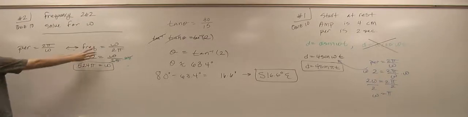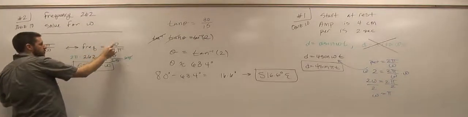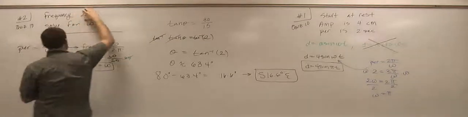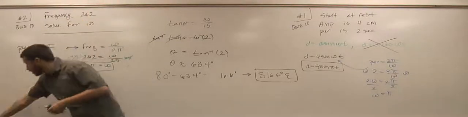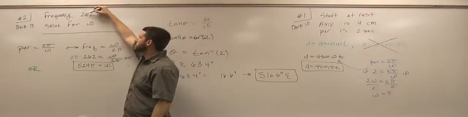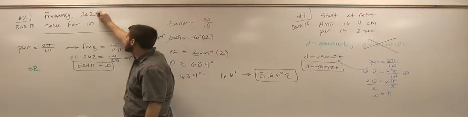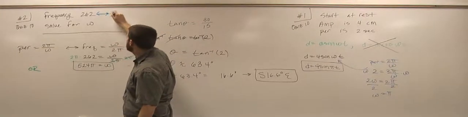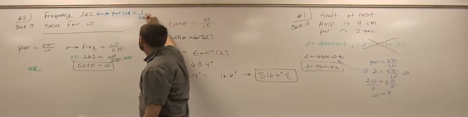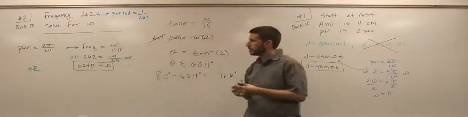If you don't like this formula of frequency equals omega over 2 pi, then you could start from the very beginning here by changing frequency into period. As soon as you see the frequency is 262 vibrations per second, then the period is what? 1 over 262. It's a reciprocal always.